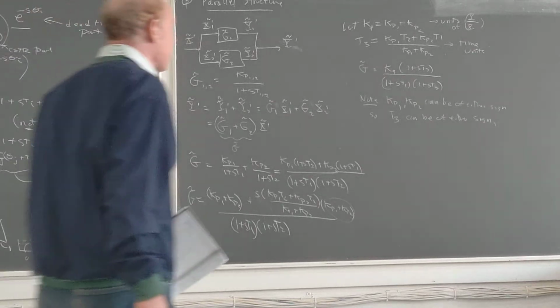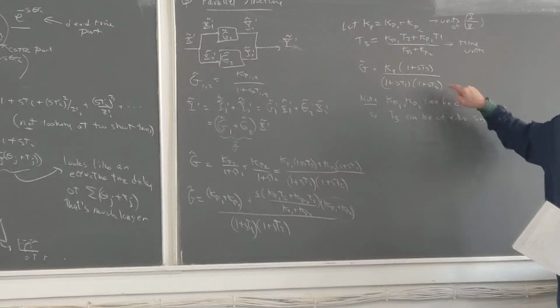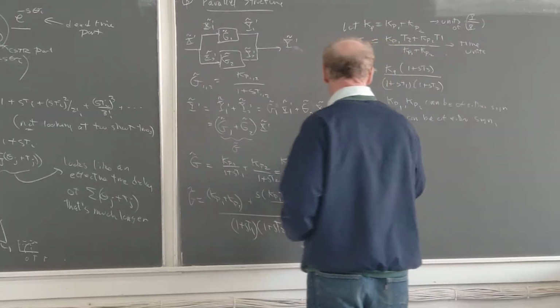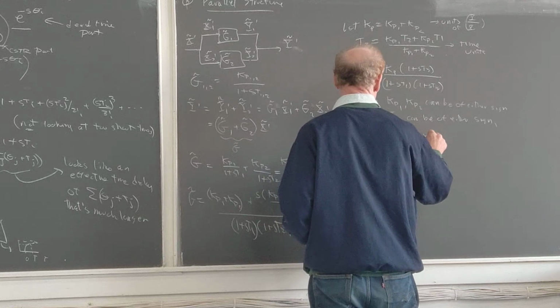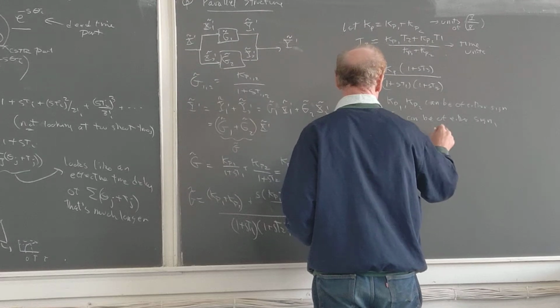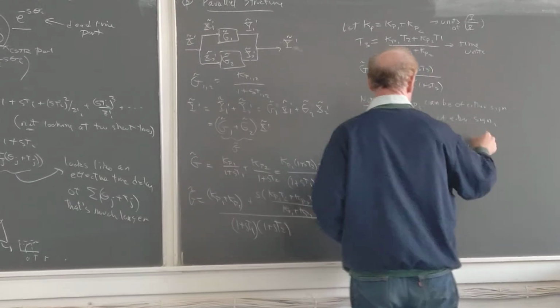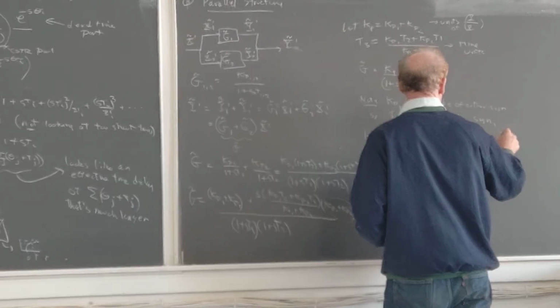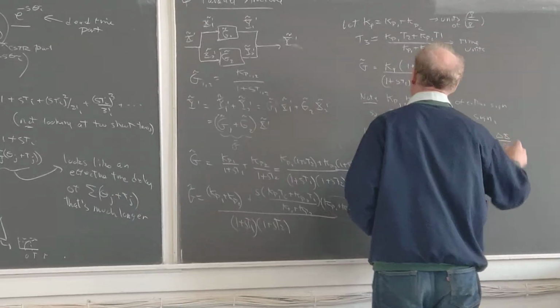So if I have a step input, I'll have a 1 over s times this. So x prime tilde is equal to delta x over s.